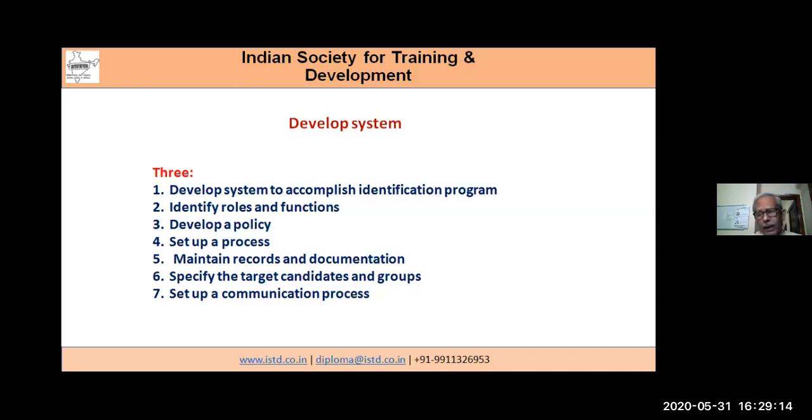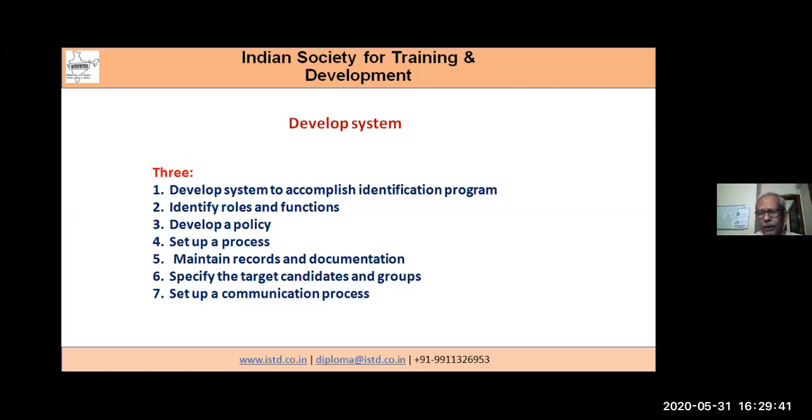And for this, they need to develop a whole policy map: how things are going to happen, when, how, in what periodicity, from where, what are the sources from where we're going to find people, and how we're going to develop people. What kind of training and development, what kind of exposure, what kind of experience, what on-the-job or off-the-job training you are going to give.